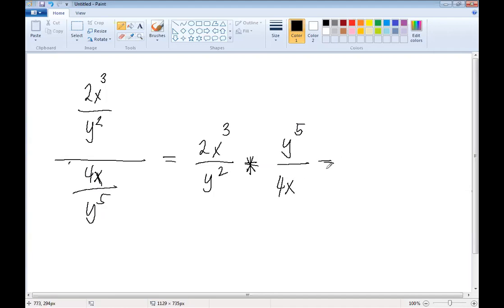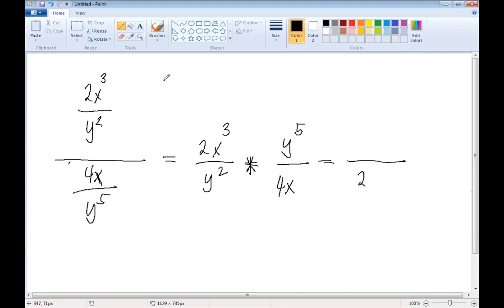Then you can simplify already. Let's start with the numerical coefficients, 2 and 4. Simplifying, they give us 1 over 2. Then x cubed and x squared.